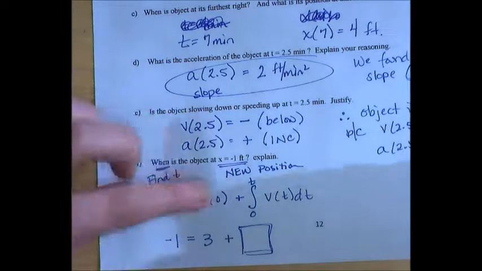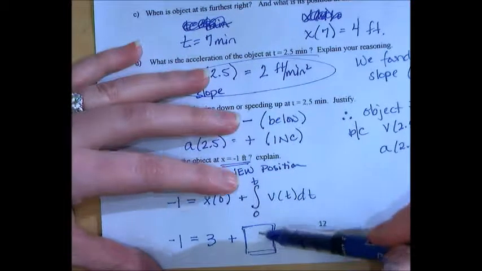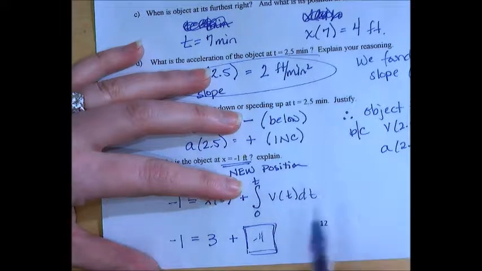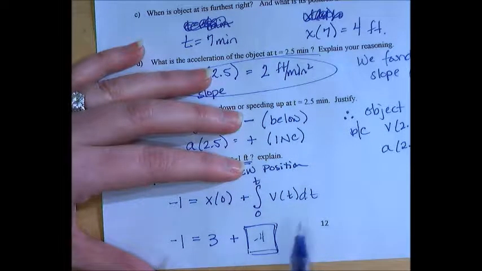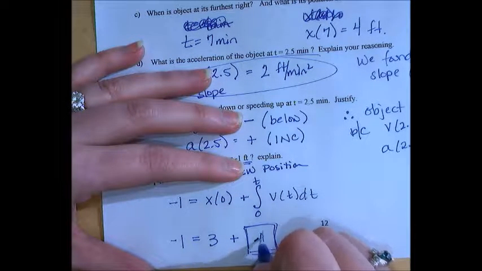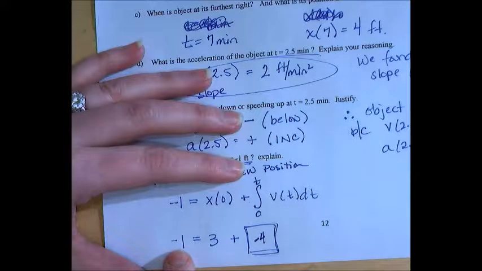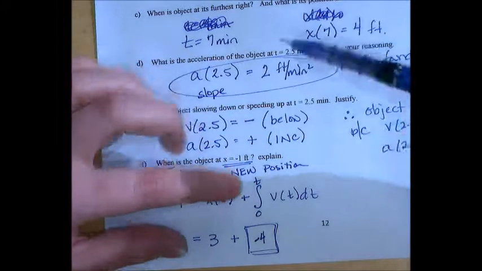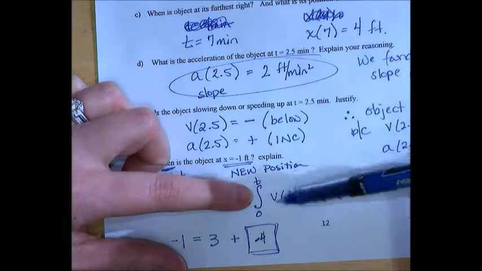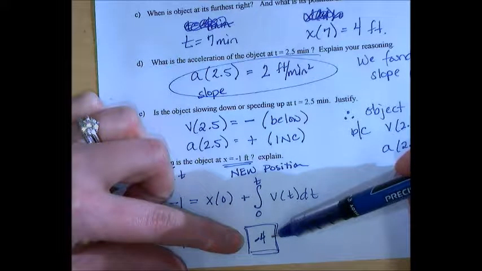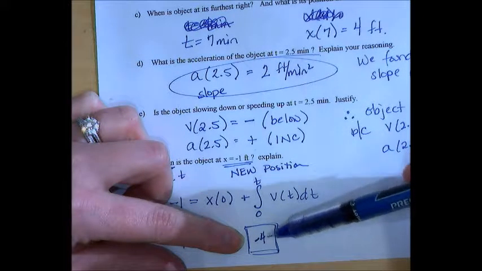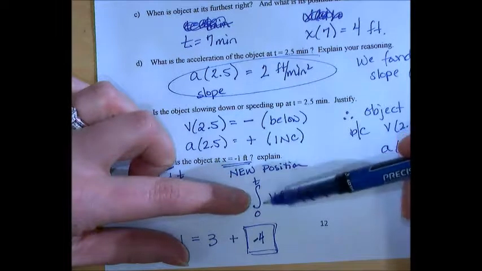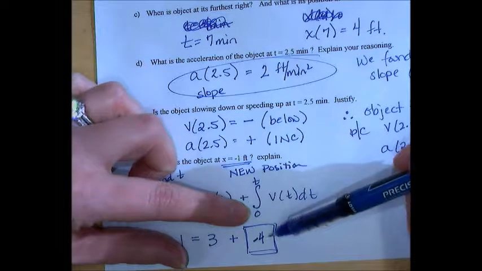So what I need to know, I need this number here to be -4, because that would make this a true statement. 3 plus -4 would give me a new position of -1. So I want to know, when is this integral equal to -4? That means I need there to be an area under the curve, because that's what the integral means, of -4.